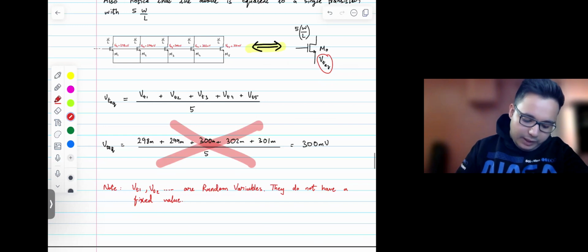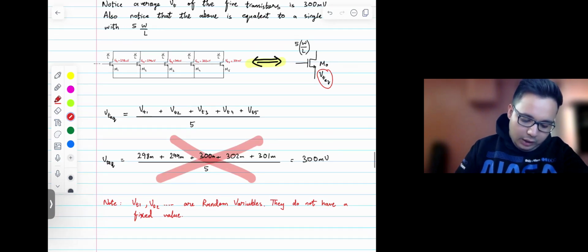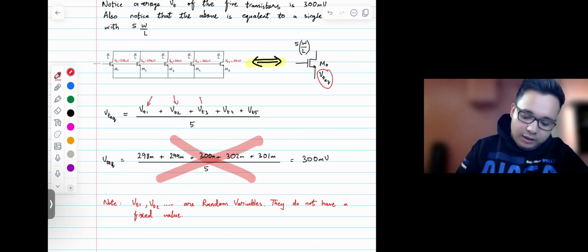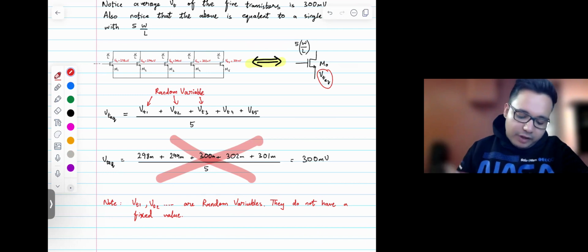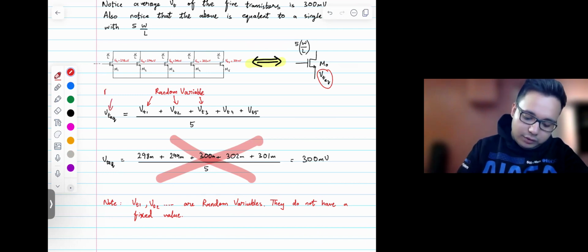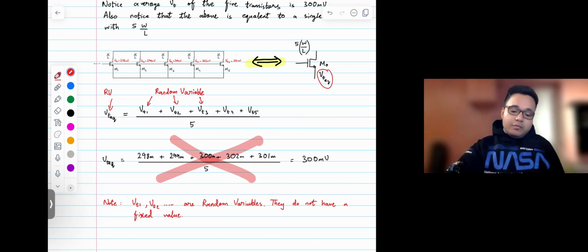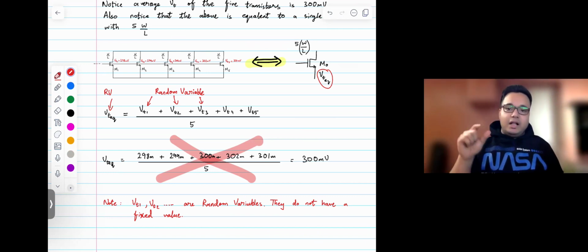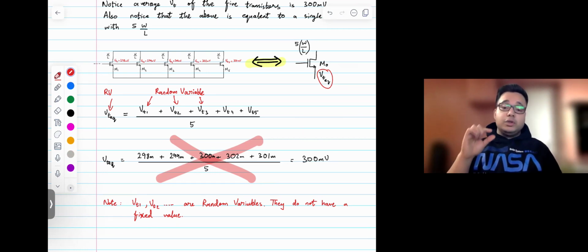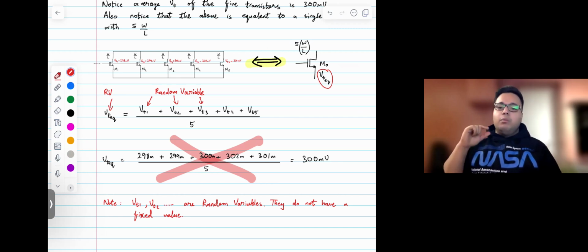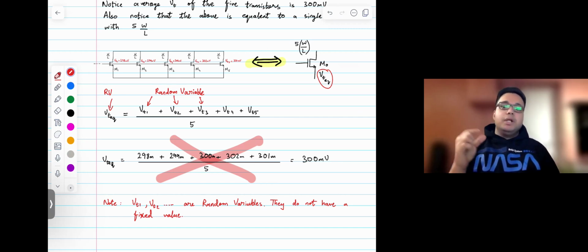The reason is, as we said earlier, these variables VT1, VT2, VT3, VT4 are random variables. And that's a very important thing to remember. VT equivalent is also a random variable. So as a random variable, you're not really interested in assigning values to these variables. When you talk about threshold voltage as a random variable, you're more interested in the probability of that variable having a certain value.